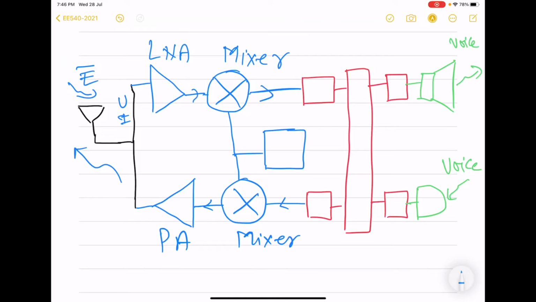Here we have another block which is feeding these two mixers, and this block is the oscillator or frequency synthesizer.